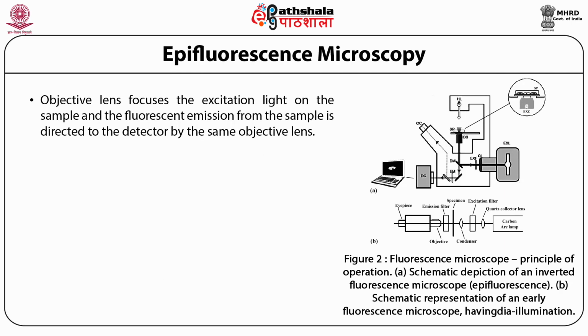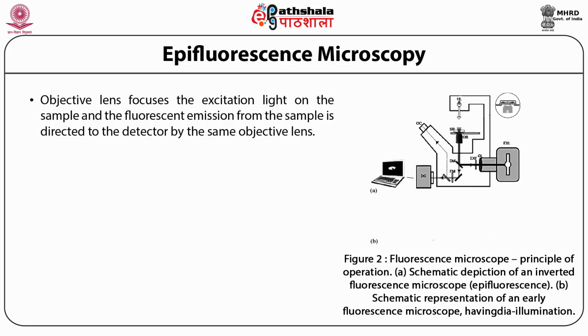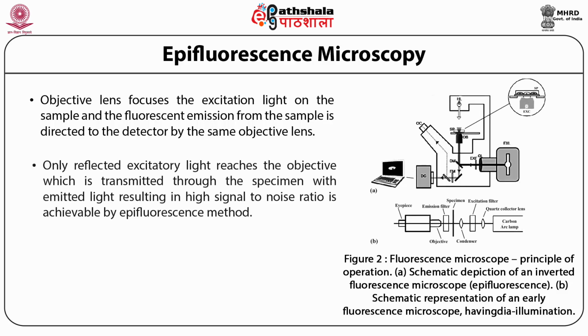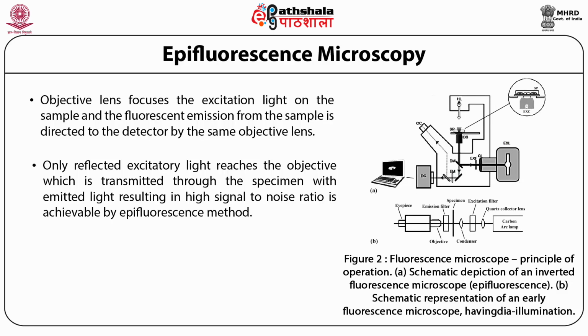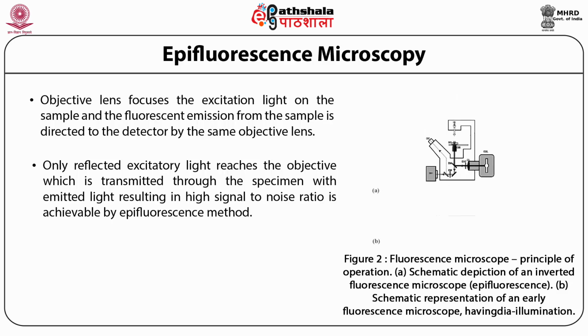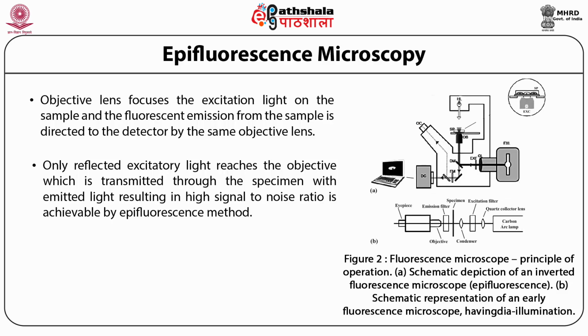The objective lens focuses the excitation light on the sample, and the fluorescent emission from the sample is directed to the detector by the same objective lens. Lenses having high numerical aperture offer better resolution. Only reflected excitatory light reaches the objective, resulting in a high signal to noise ratio.